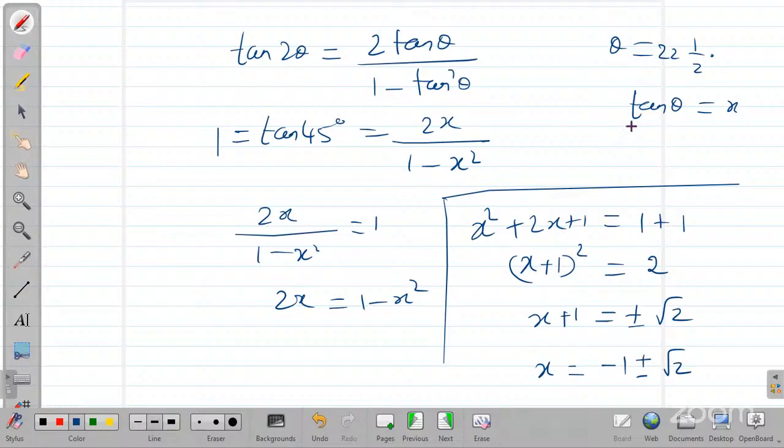But we know that tan theta, the value of x, will be a positive number. So x should be equal to -1 plus square root of 2, or x is equal to square root of 2 minus 1. So this is the value of tan 22 and a half degrees. Able to understand? Yeah.